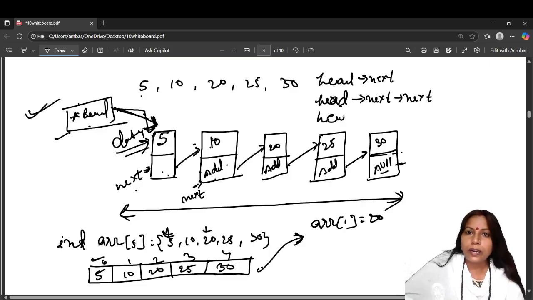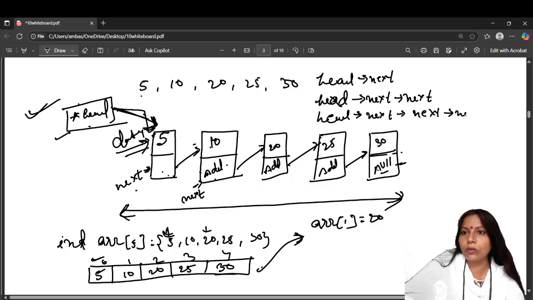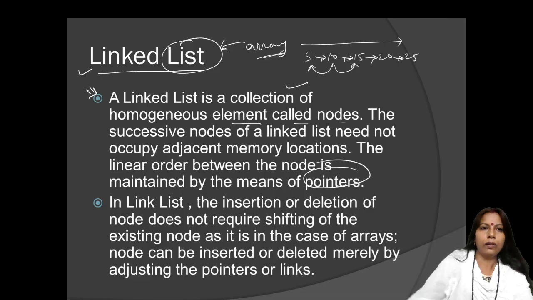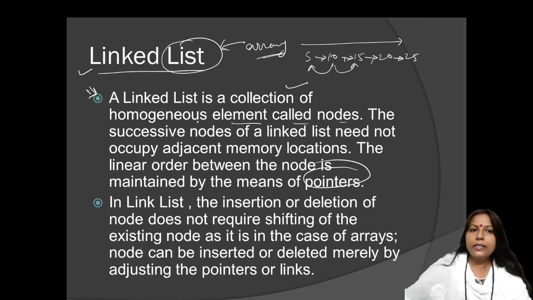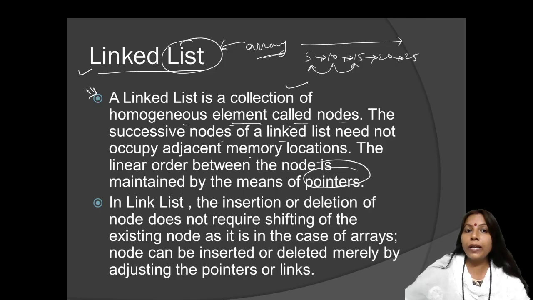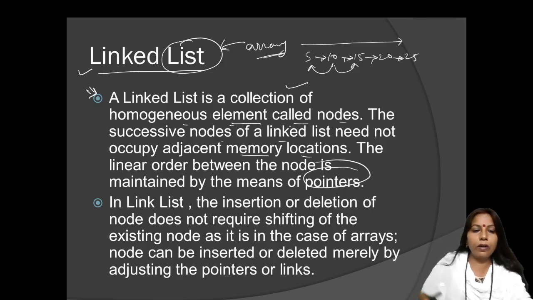Now for the third element's value, head points to the next element, this also points to the next element, and this also points to the next element like this. Okay, so linked list is what? This is the collection of homogeneous elements called node, and the successive nodes of a linked list need not occupy adjacent memory location.